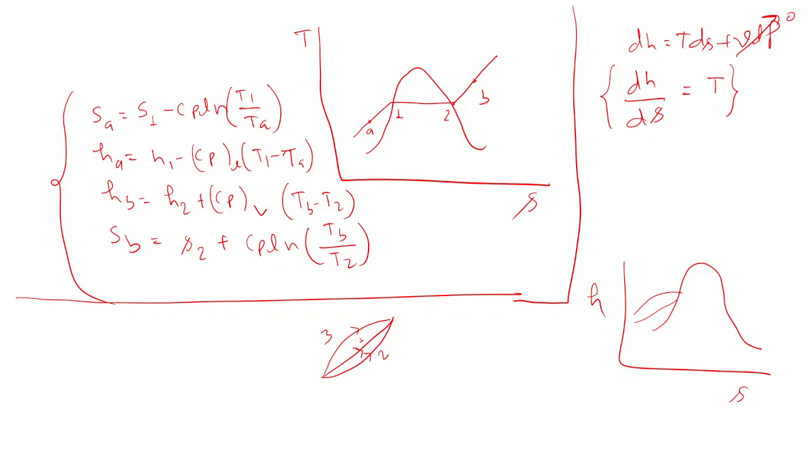Anyone can suggest which I can fit here, 2, or any other option? Is the question clear? The slope of dH by dS in the molar HS chart is temperature.